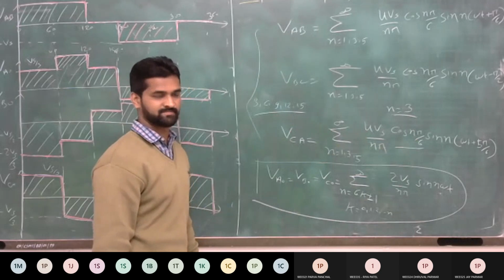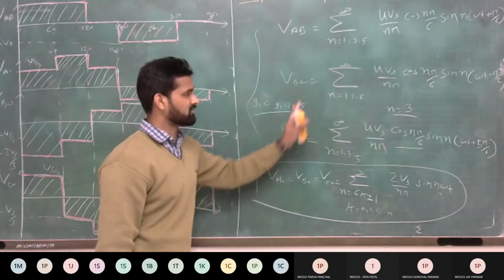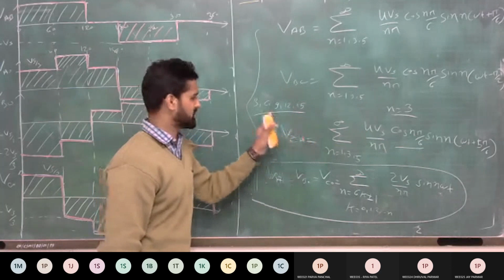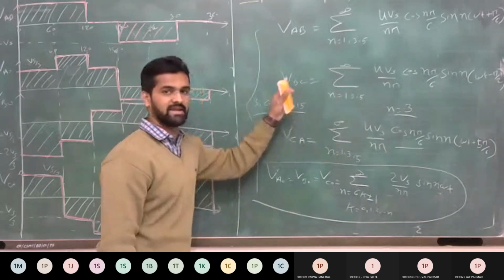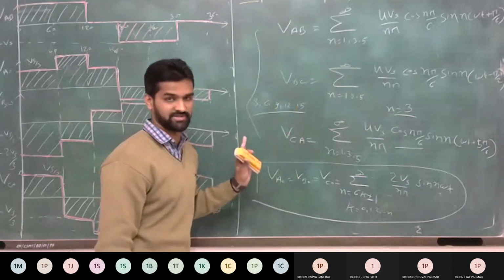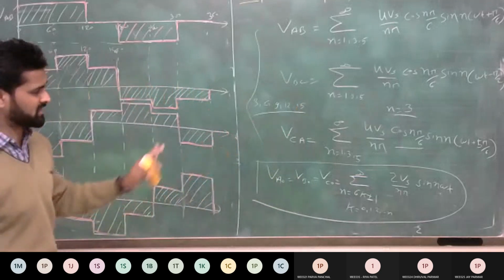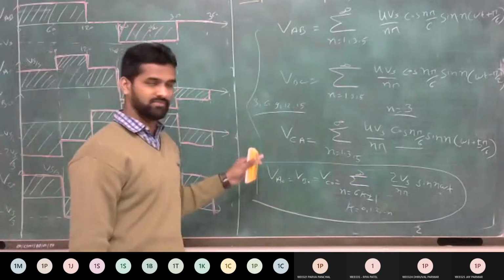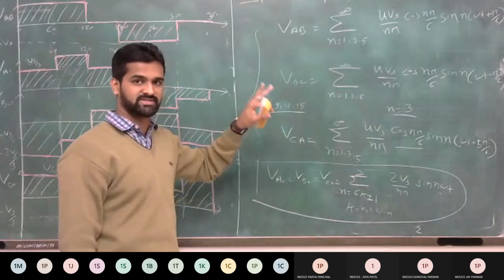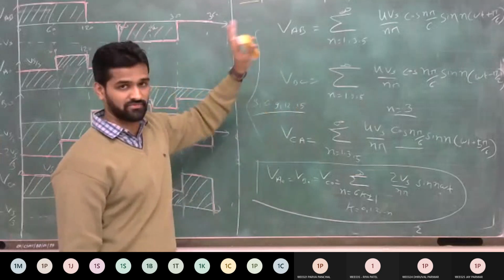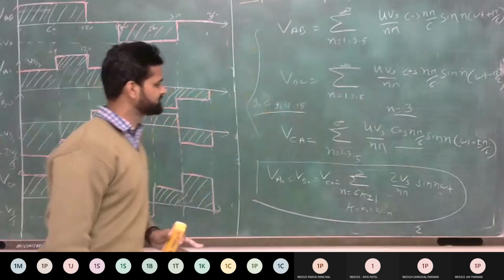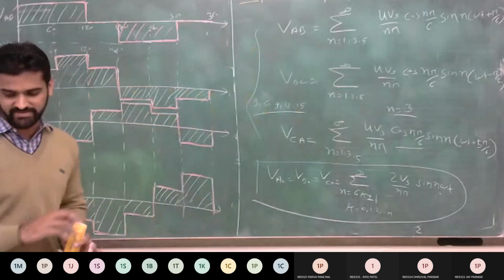Triplen harmonics, meaning multiples of 3, are absent in line voltage as well as in phase voltages. Here, this is the equation of Fourier analysis. So remember this thing. We will prove this during the simulation of this 180 degree mode of VSI. Okay, write down the next thing.